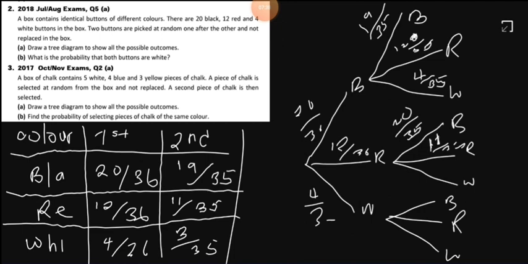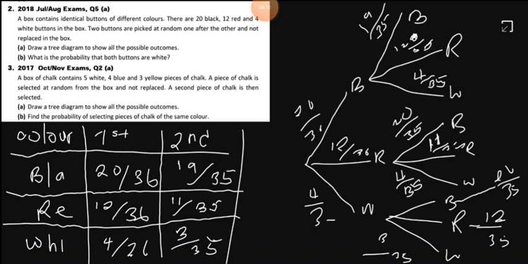If we picked red and white, we have 4 over 35. If we picked white first, black remains the same as 20 over 35. Red remains the same as 12 over 35. If you picked white again, that's when white changes and becomes 3 over 35. So that's a tree diagram.